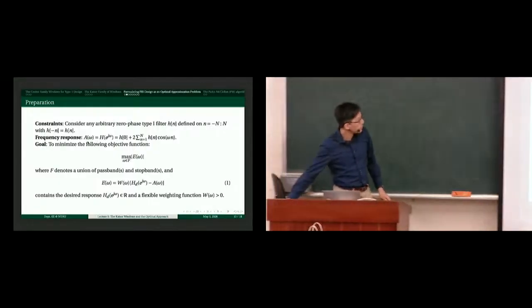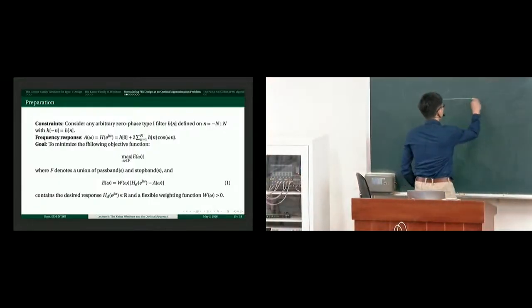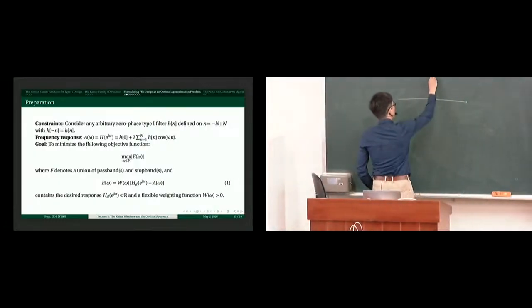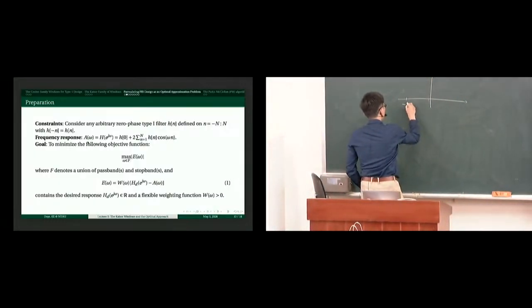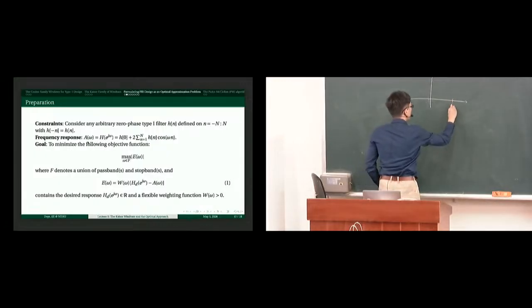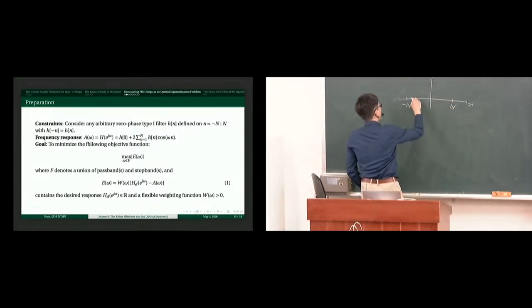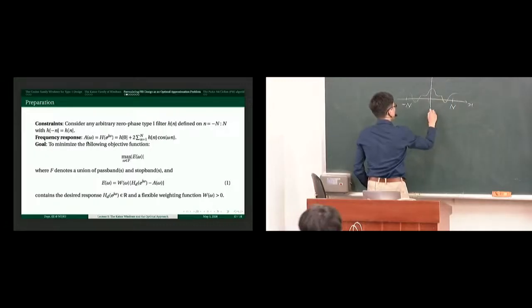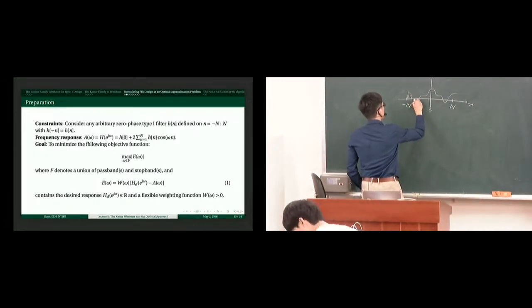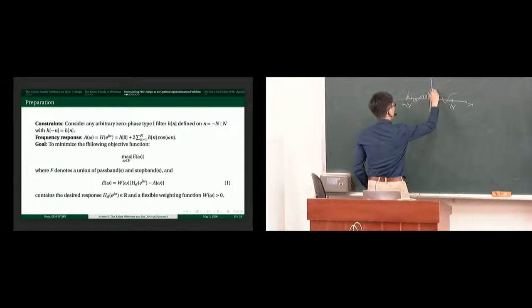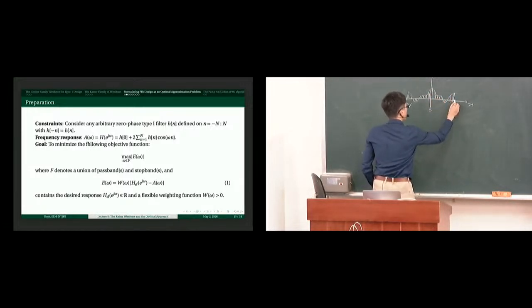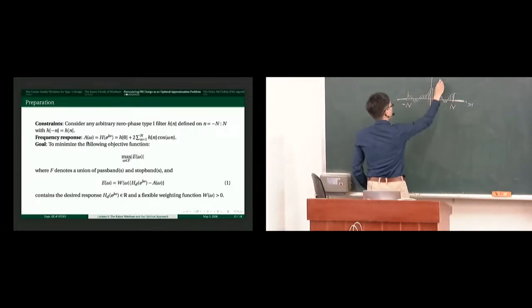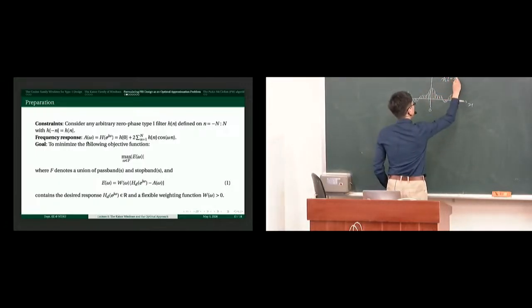Suppose that first, the duration is from -N to N in the time domain, and 0 elsewhere. And secondly, suppose that our filter is evenly symmetric around time 0. That's a constraint.